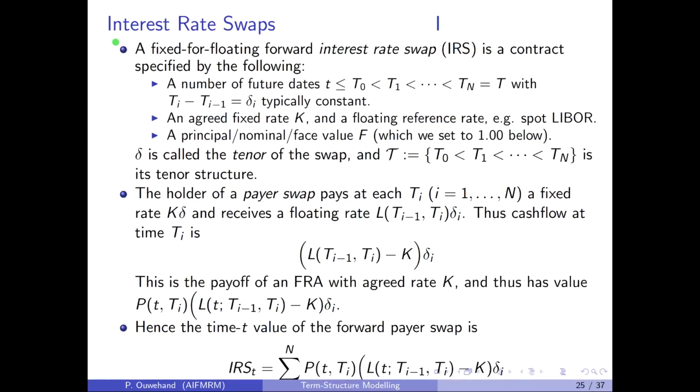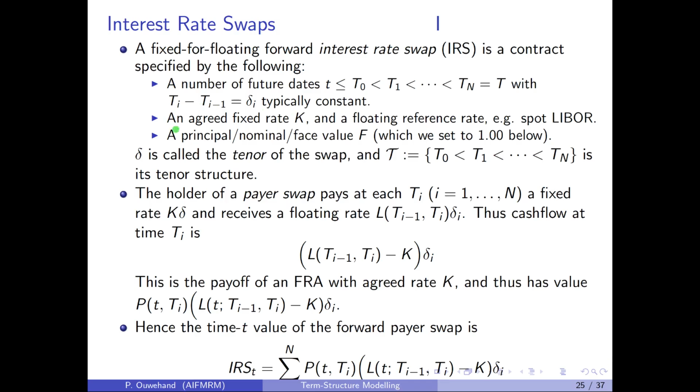Now let's consider interest rate swaps. A fixed for floating forward interest rate swap is a contract specified by the following: a number of future dates, little t is the current date, and t0 up to tn are future dates, and the gap ti minus 1 to ti is typically constant, modulo, of course, day count conventions.